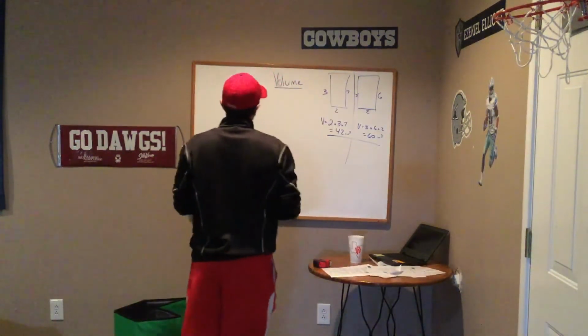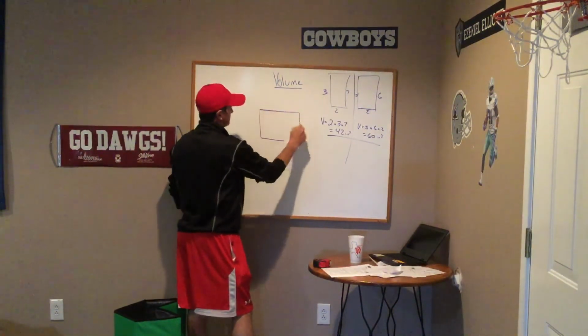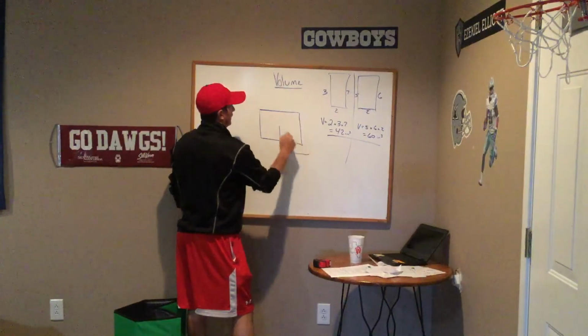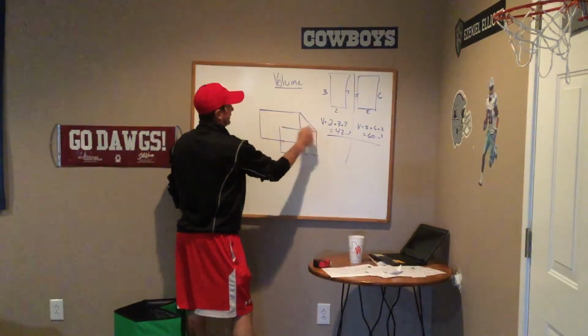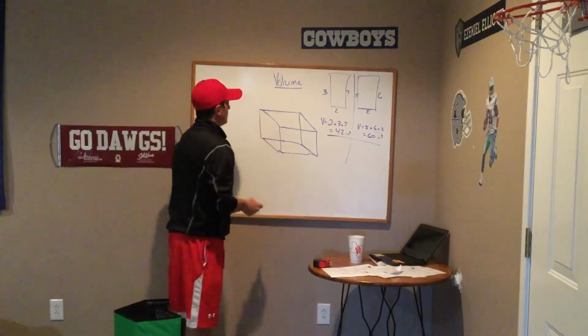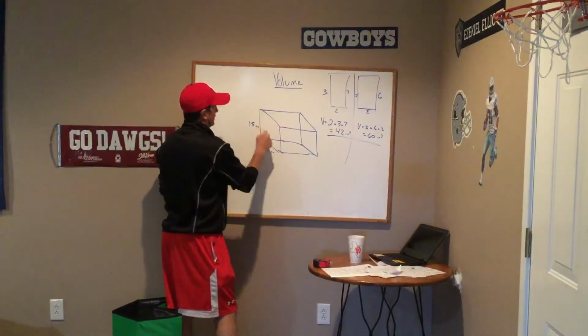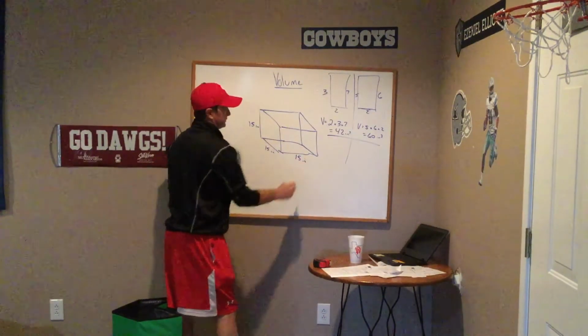There will be another one on there where it'll be a cube. And the cube will be, let's say in this case, 15 inches by 15 inches by 15 inches.